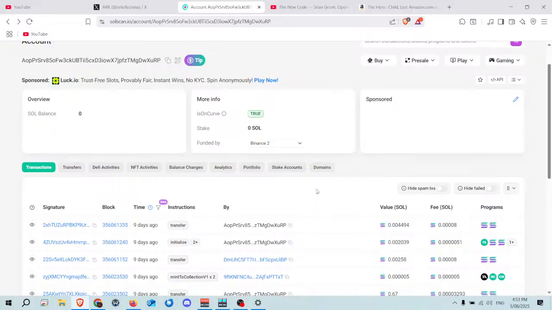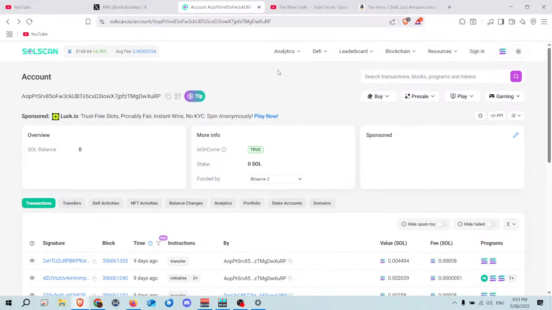Also, this is now a public, publicly accessible wallet. So if you want to make transfers in here, you know the seed phrase. Should I give it to you?